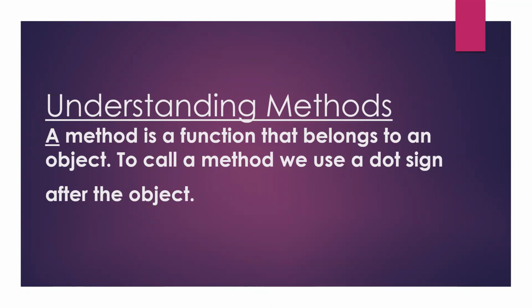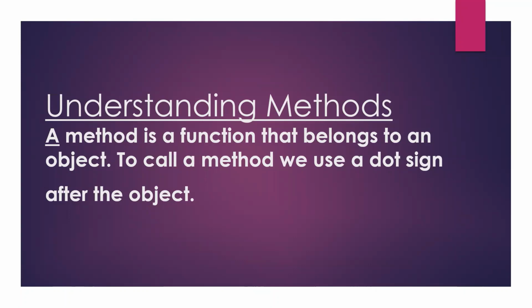So, a method is a function that belongs to an object, and it is applied by using a dot sign after the object on which we want to call that method.